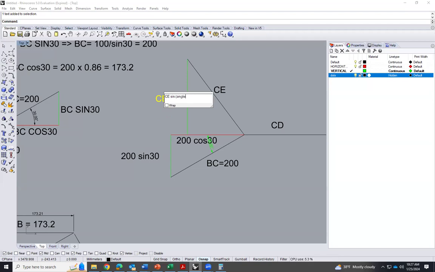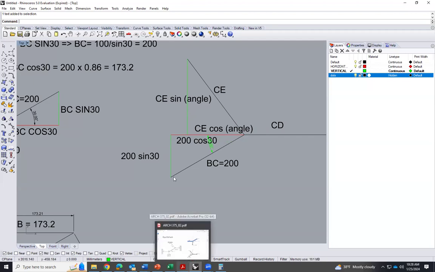We don't know the angle yet. Okay, so that will be the angle. But this horizontal component, it's going to be this line here. It's CE cosine that angle. Okay, so we have to add up this line and that line here.